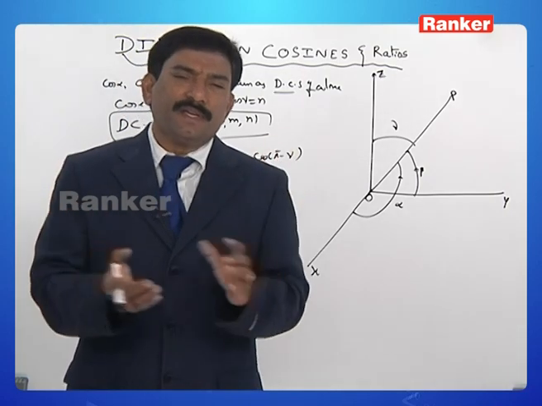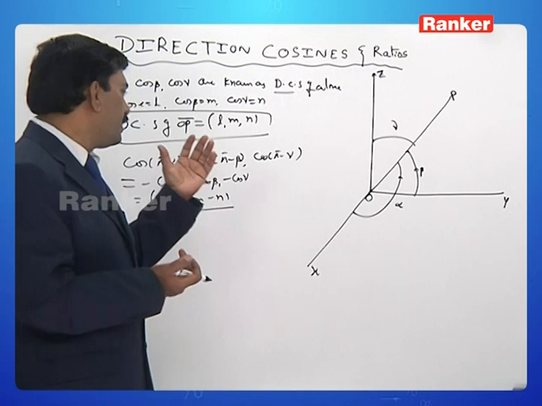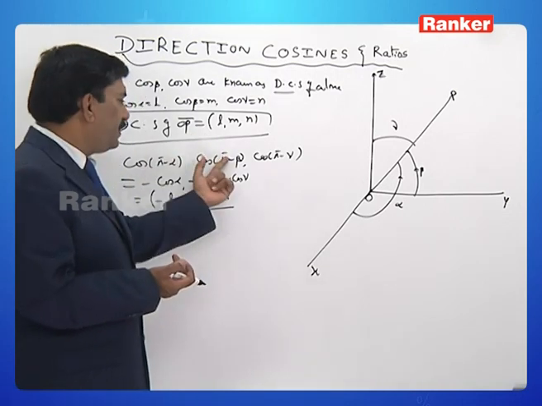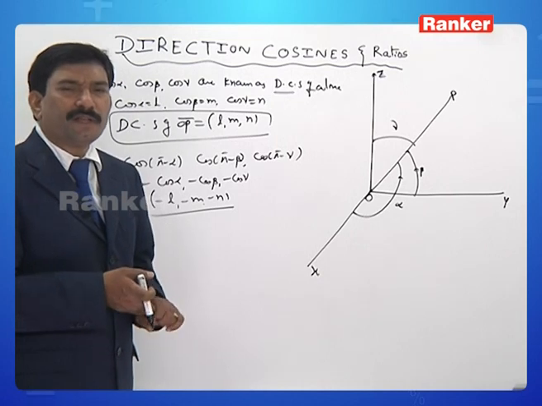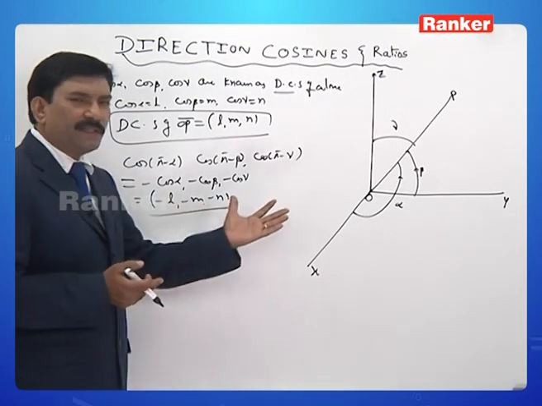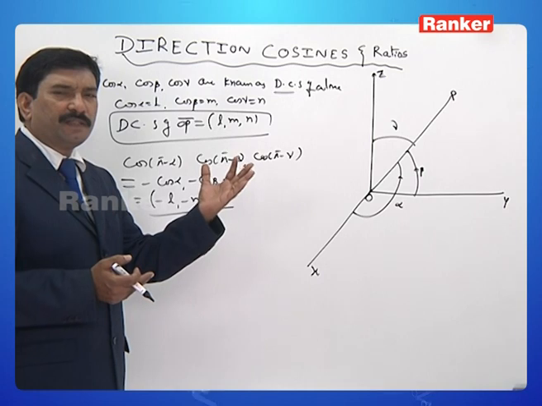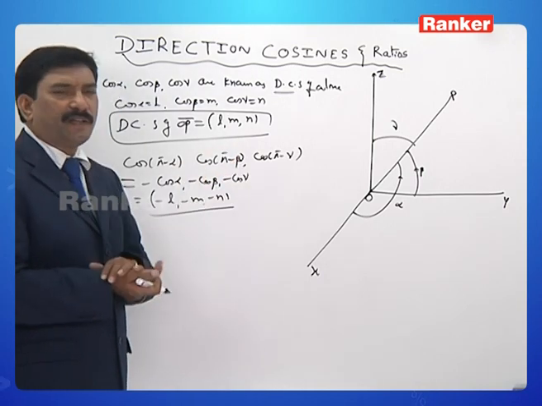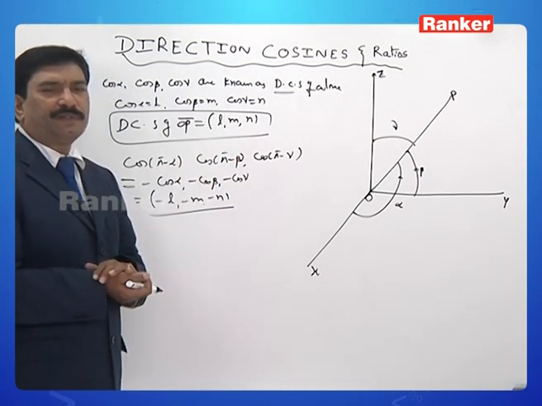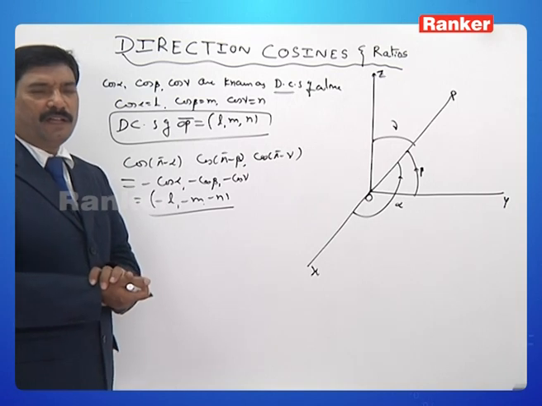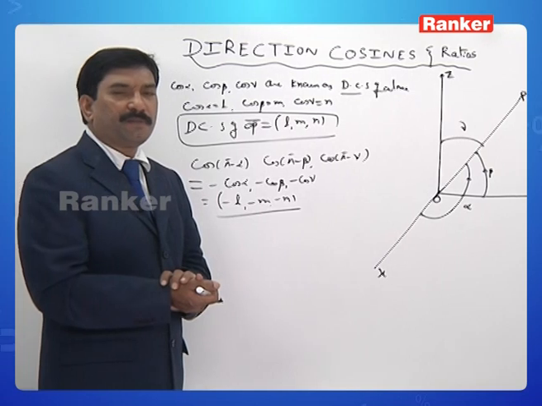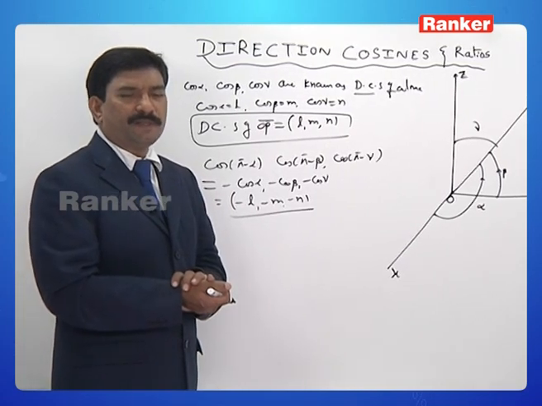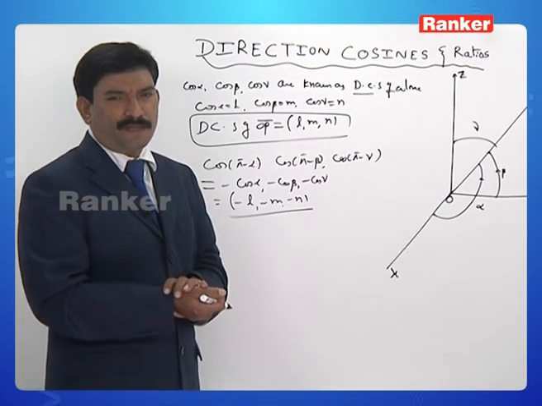In terms of cosines, cos of pi minus alpha is minus cos alpha, minus cos beta, minus cos gamma. So minus l, minus m, minus n are also DCs of the line. Every line has two ways of representing direction cosines: plus or minus l, plus or minus m, plus or minus n.